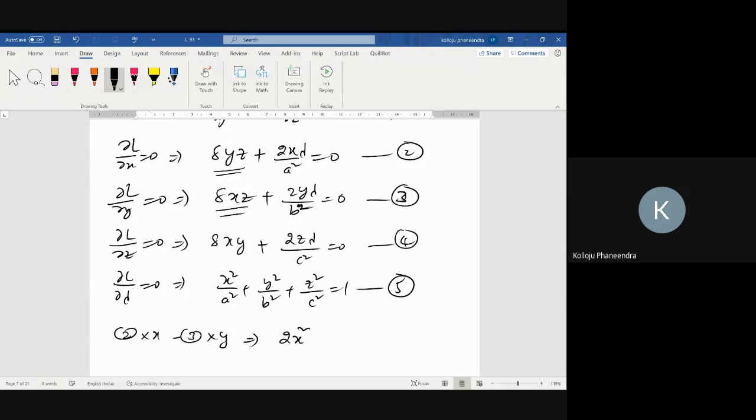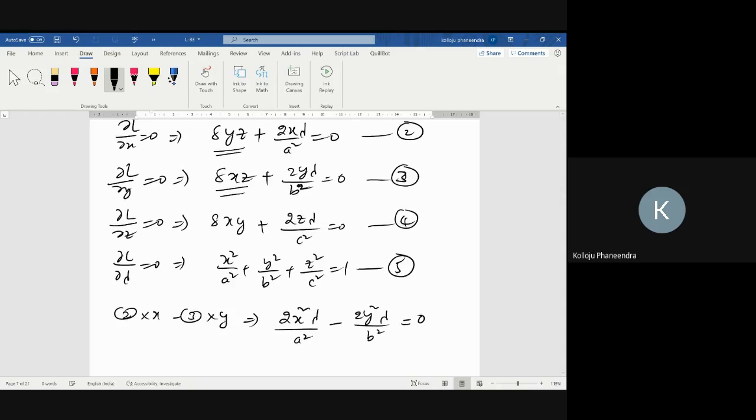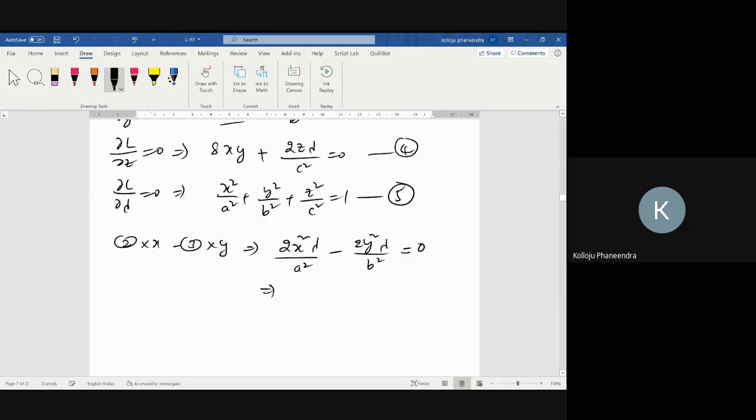The remaining part is 2x square lambda by a square minus 2y square lambda by b square equal to 0. Lambda never 0. Therefore, I can take 2 lambda common. X square by a square minus y square by b square equal to 0. That gives x square by a square equal to y square by b square, since lambda never 0 multiplier. This is the first condition we are getting.